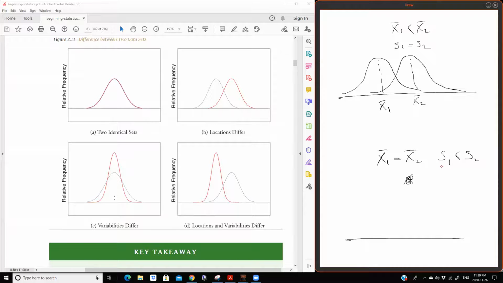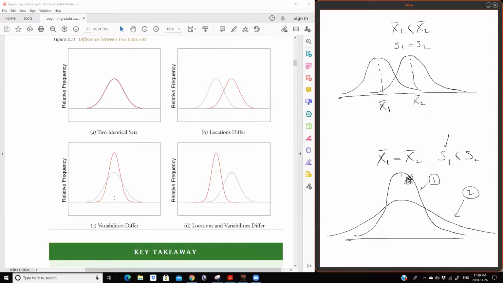From the first population where the standard deviation is small, you're going to have a tall curve. But if the standard deviation is big, it's going to be more spread out. Yes. So this represents population 2, and this one represents population 1.